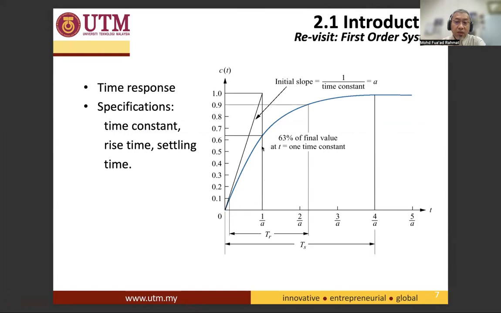The time constant is an important parameter, which is 63% of the final value. If the final value is 1.0 here, then 63% is 0.63, which is 63% multiplied by 1.